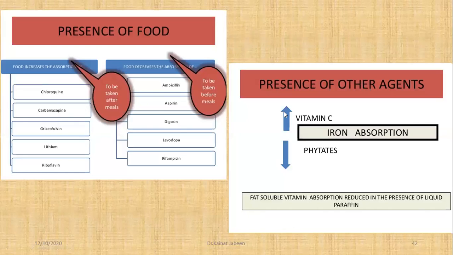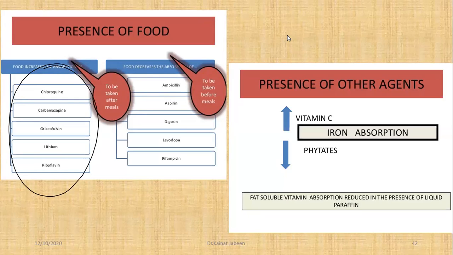Here are some examples. There are some drugs whose absorption is increased in the presence of food, and there are some drugs whose absorption decreases due to the presence of food. For example, chloroquine, carbamazepine.